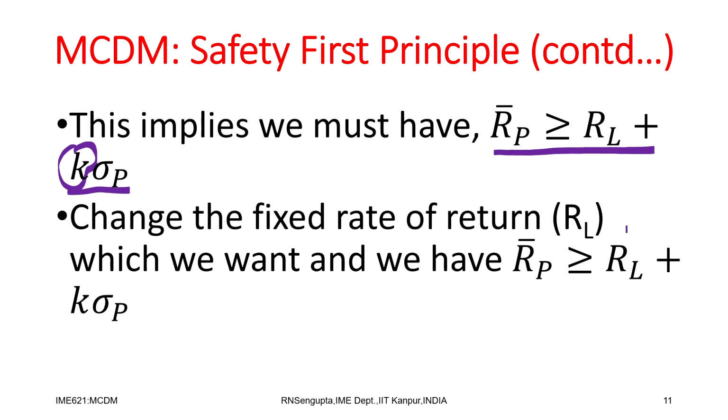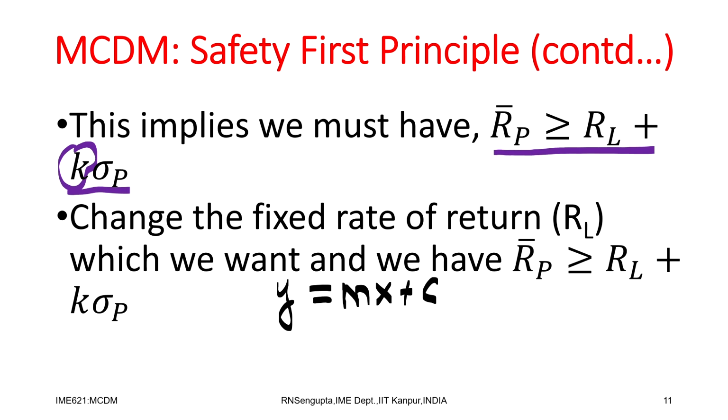Because if you keep changing R L, R p bar is given from the data, k is given from the data, sigma is given from the data. And why I mentioned a straight line, this will become clear to you. If I consider the straight line, we all know the equation is y is equal to m x plus c. What is y? The independent variable. What is x?